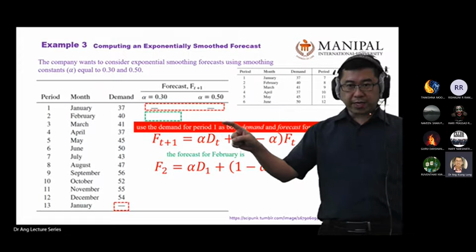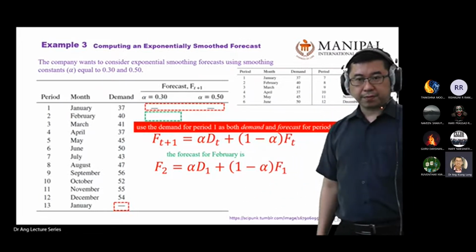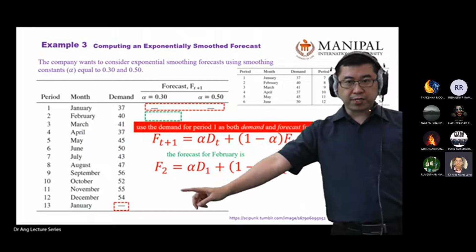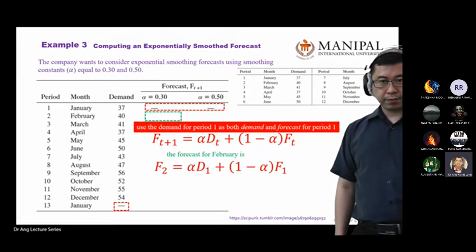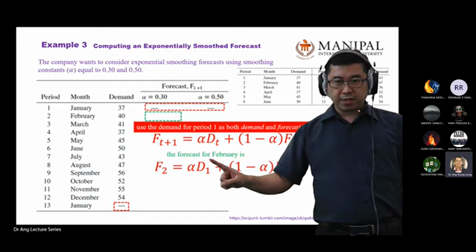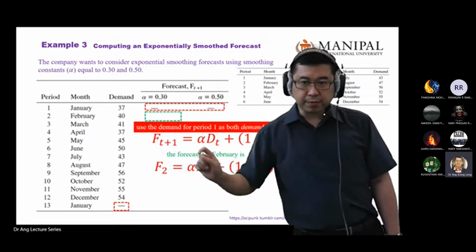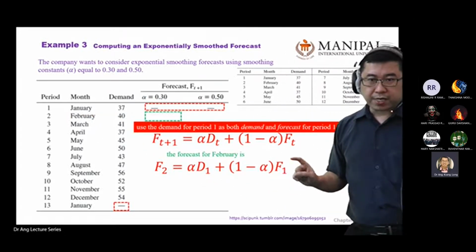We are now calculating for February, the green box data, which gives you forecast number 2. For forecast number 2, you need to use the demand of period number 1 and the forecast for number 1.